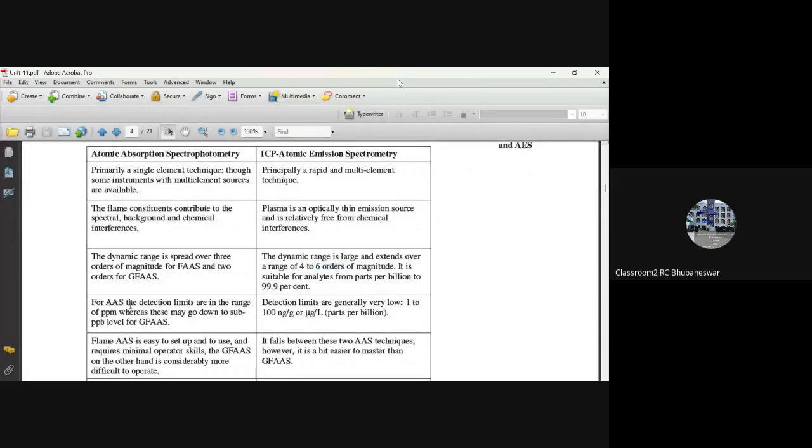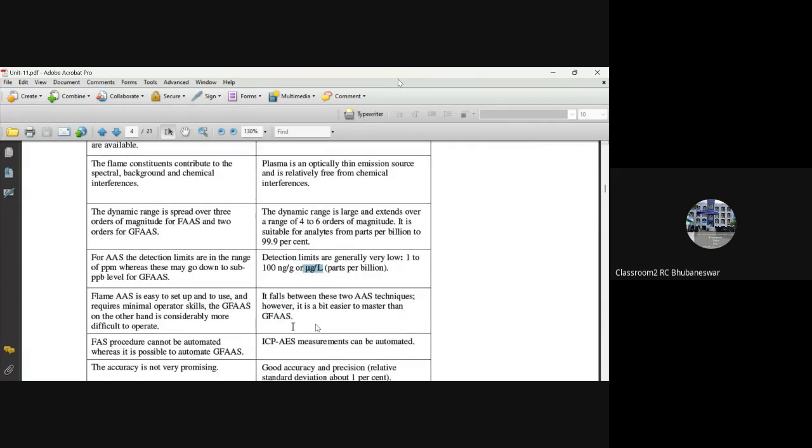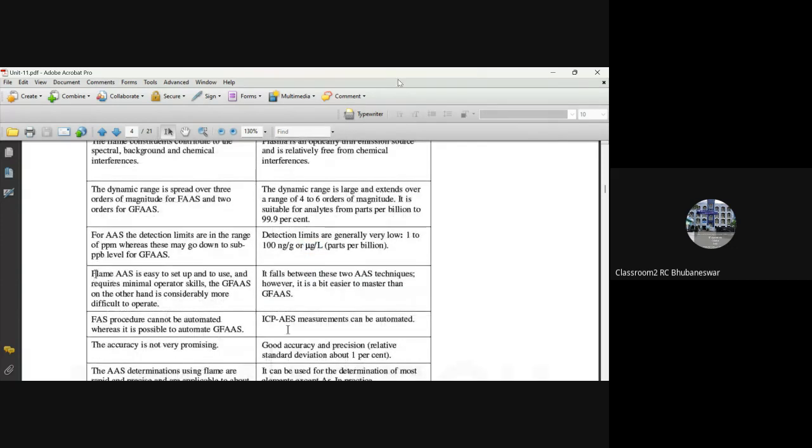For AAS, the detection limits are in the range of ppm, whereas it may go down to sub ppb level for GFAAS. Here detection limits are generally very low, that is 1 to 100 nanogram or microgram per liter. Then flame is easy to set up and use and requires minimal operator skills.